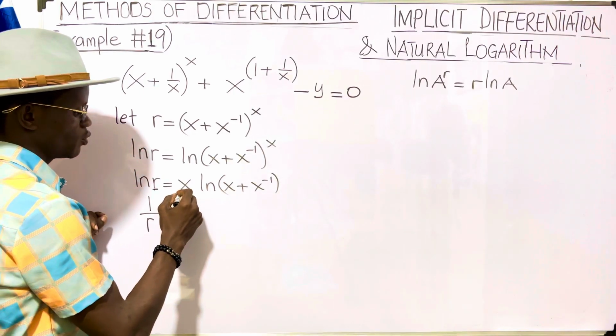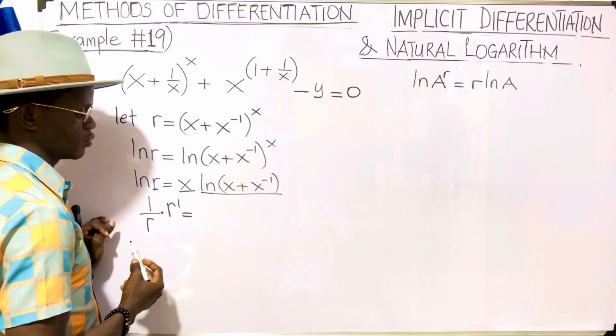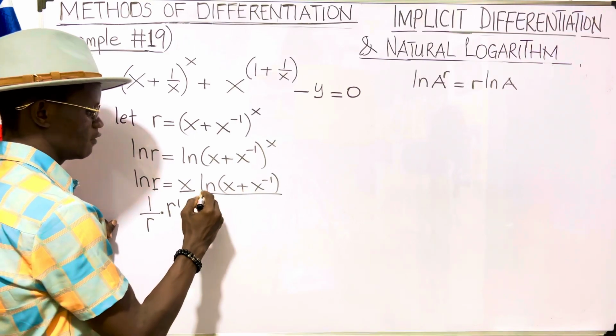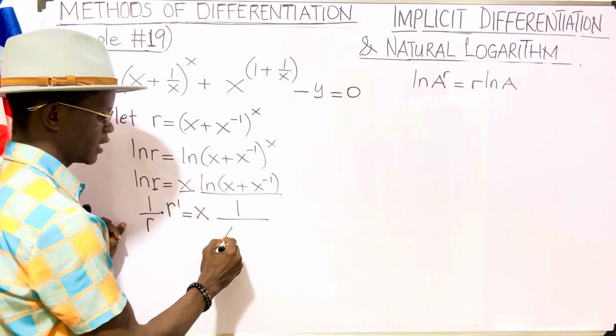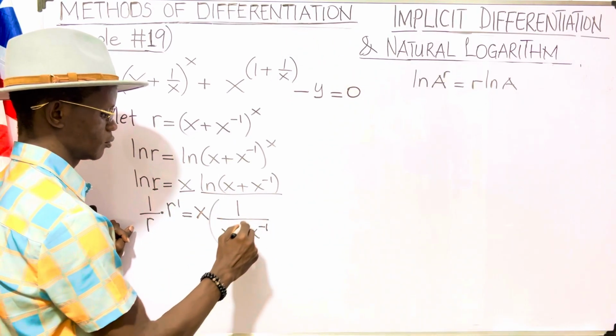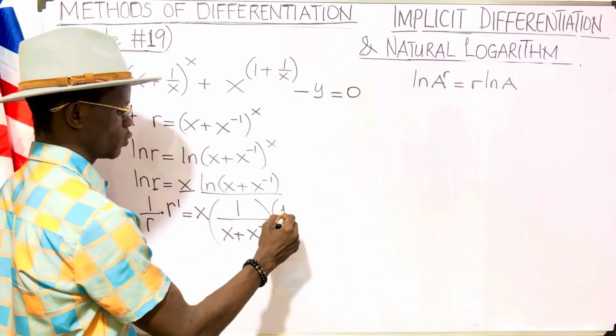For this case, we're going to use the product rule because you have two functions being multiplied by each other. That is, we hold x and differentiate the second function, the ln, giving 1 over (x + x^(-1)) times the derivative of what is in here. The derivative of x is just 1.